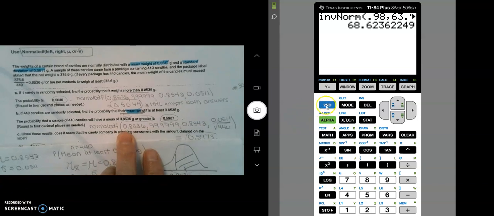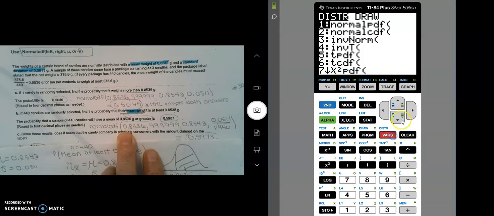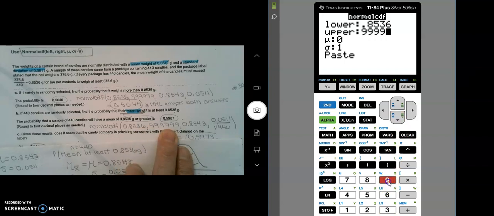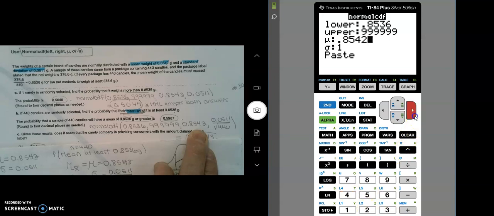So I'm going to go to normal CDF. My low is 0.8536. The high is infinity, so we just put a big number in there. The mean is 0.8542. Okay, and then this is the part that's tricky.